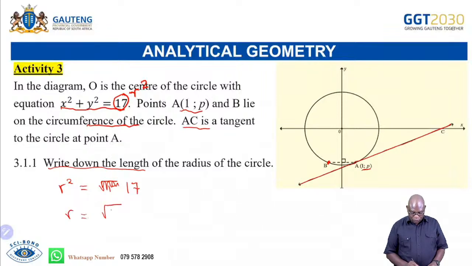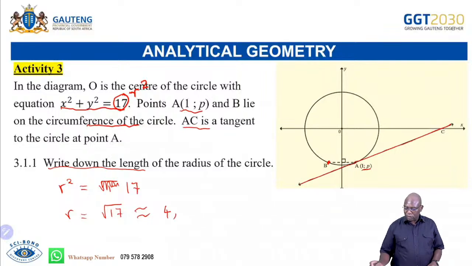It is the square root of 17, which is approximately 4.12. Which means the length of the radius, the length of this line from here to there, is the square root of 17.